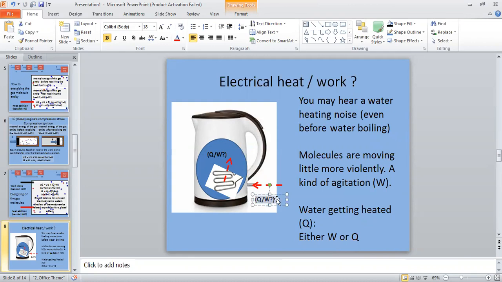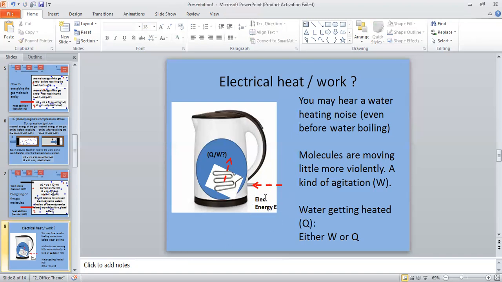Let's say 10 watts. Energy or power. Let's say energy, E1 or E here.